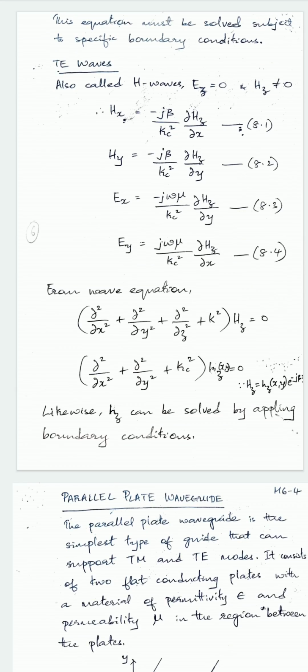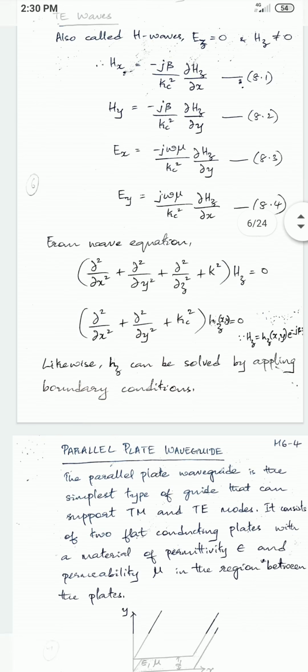So k square minus beta square becomes kc square. So dou square by dou x square plus dou square by dou y square plus kc square into Hz is equal to 0, where Hz is Hz of x comma y e raised to minus j beta z. To obtain the TE mode expression, we use the appropriate boundary conditions and solve this equation, then you will get the TE mode of any waveguide.